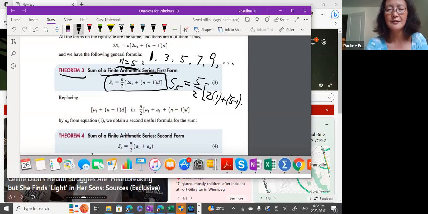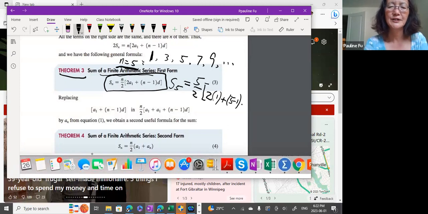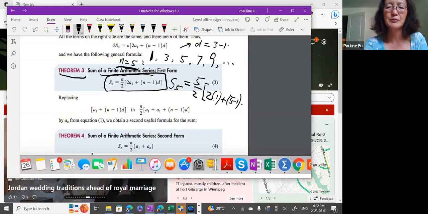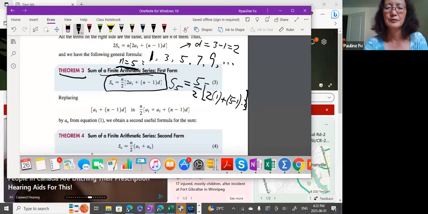D is the difference between adjacent two numbers. So in this example, d equals 3 minus 1 equals 2. So times 2.